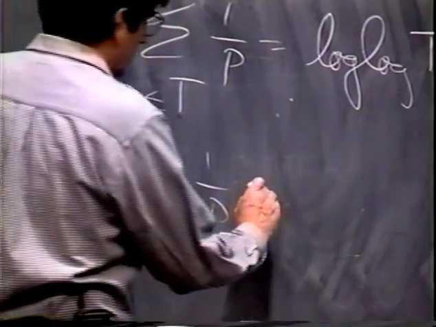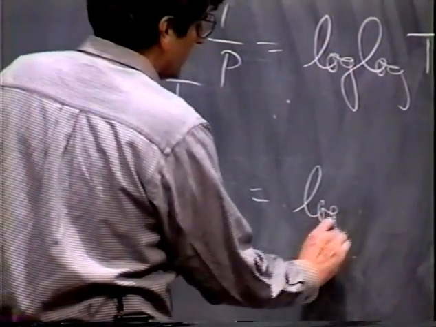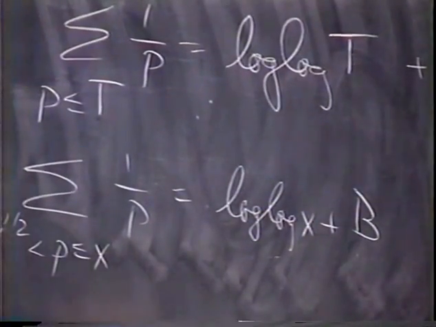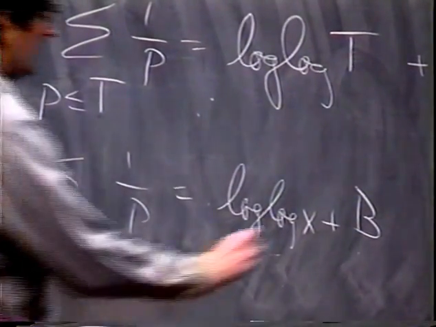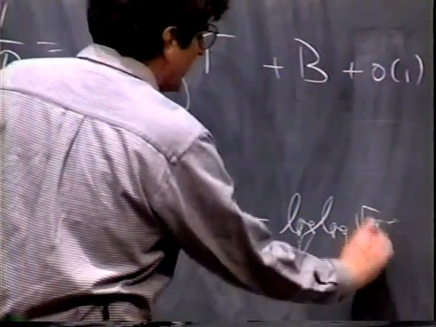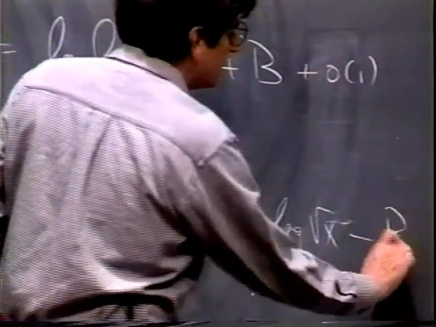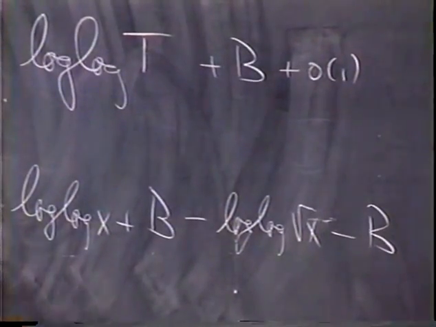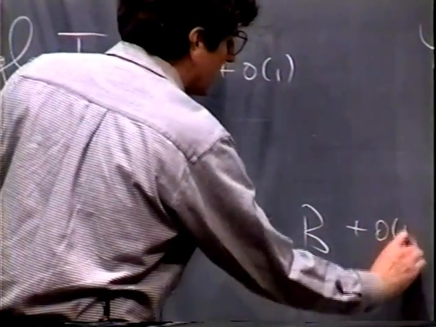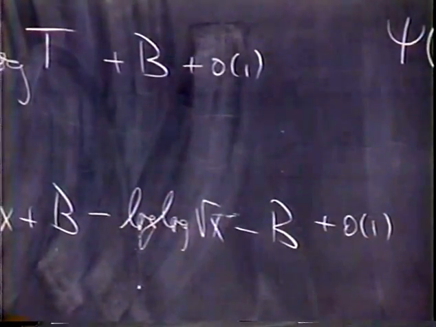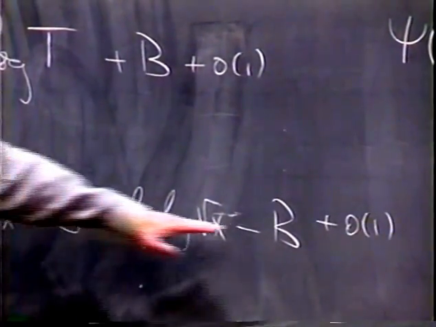So this is equal to log x plus b, that's the sum at t equals x, minus the sum at log square root of x minus b, that's the sum at square root of x, plus a small error that tends to 0 as x tends to infinity. The two errors add up to still something small. So you see the plus b and the minus b cancel.